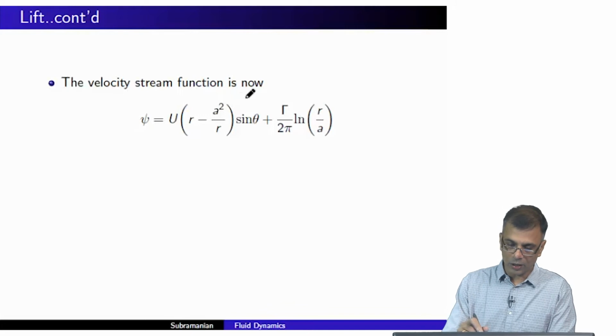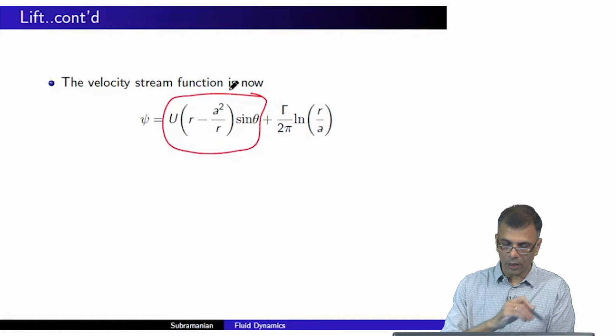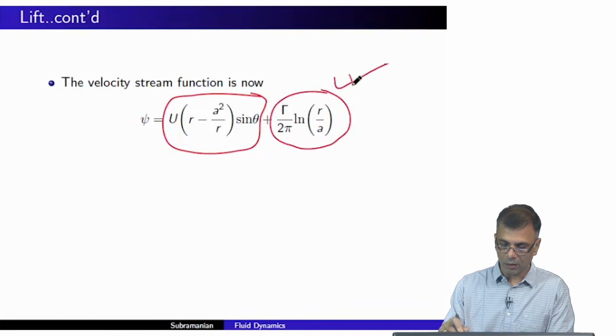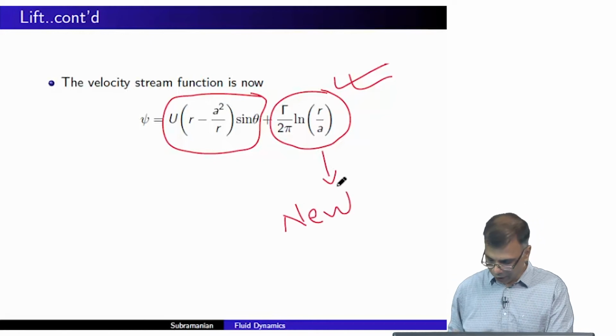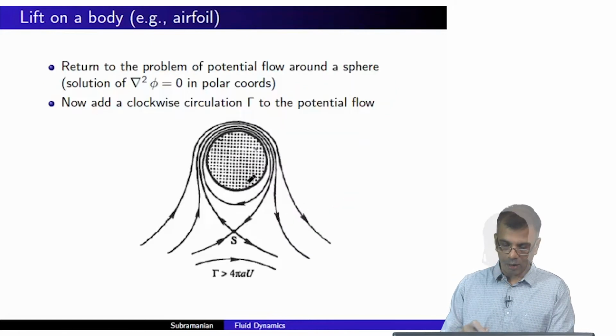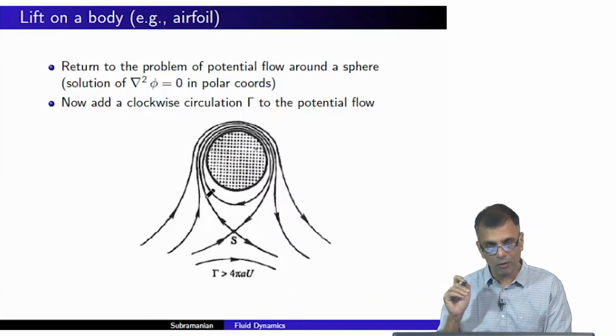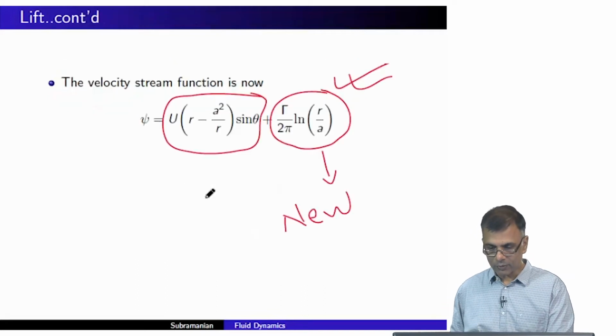Earlier we had just this much, and now with the addition of the circulation we have this piece. So this is what is new, due to the fact that we have added this kind of clockwise circulation to the already existing potential flow.